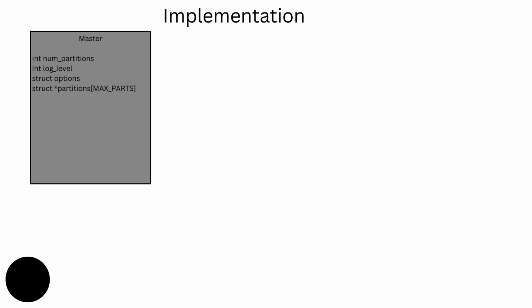The options struct is going to contain a bunch of options about the memory manager. I'll get into that in a different slide. And then the actual memory pools are going to be in this struct partitions. You can see it's an array of pointers, and I'll explain further as I get along.